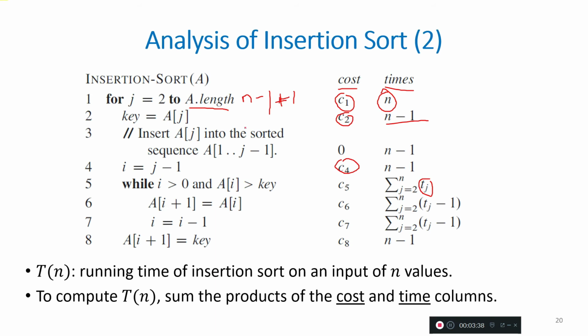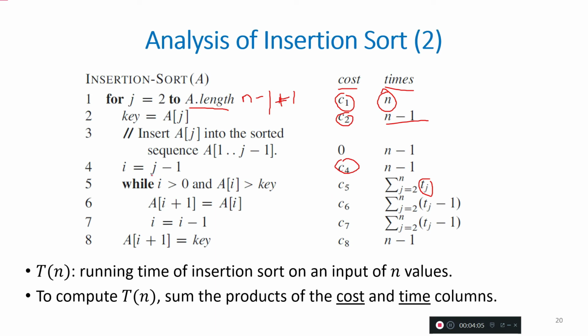It says that for the iteration j equal to 2, we have T2 number of executions of the while loop. If j is equal to 3, we would have T3 executions of the while loop. And keep in mind, based on our assumption, the while loop always has one extra execution.